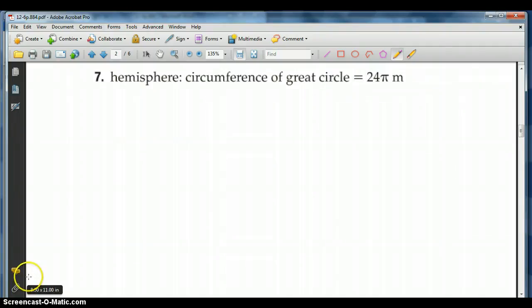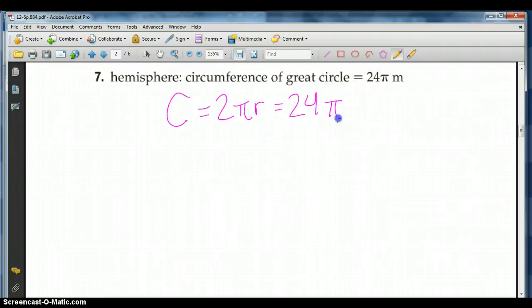For number 7, we want to find the volume of a hemisphere, or the volume of half of a sphere with a circumference of the great circle as 24 pi. So if circumference is equal to 2 pi r, and in this case our circumference is 24 pi, and we need to know what the radius is, then we need to solve this formula for r.